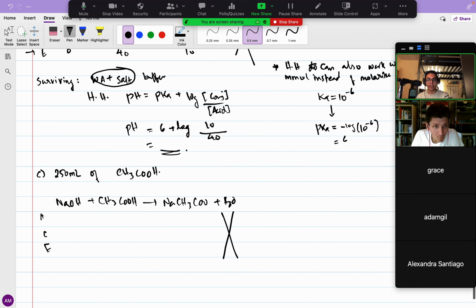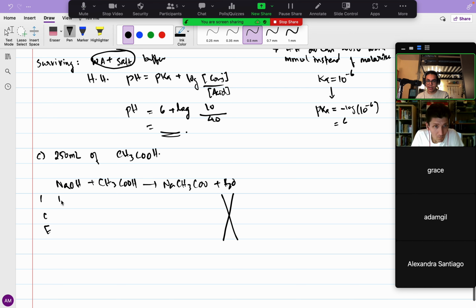Excellent. Okay, so if this is 125 millimoles and this is a titration to completion, what would the millimoles of NaOH be?